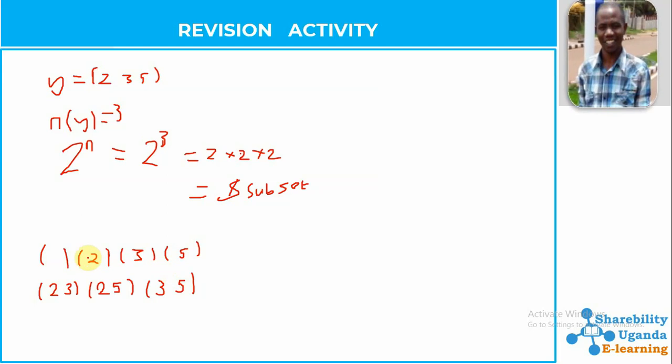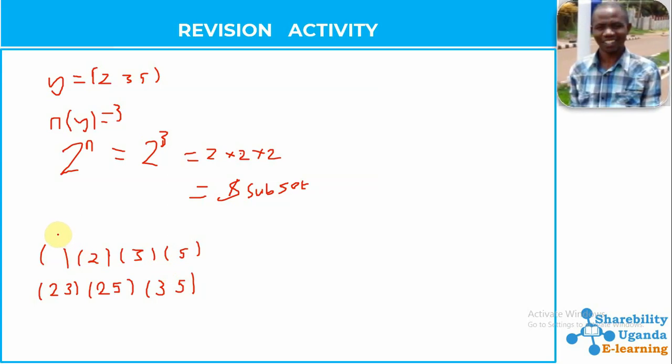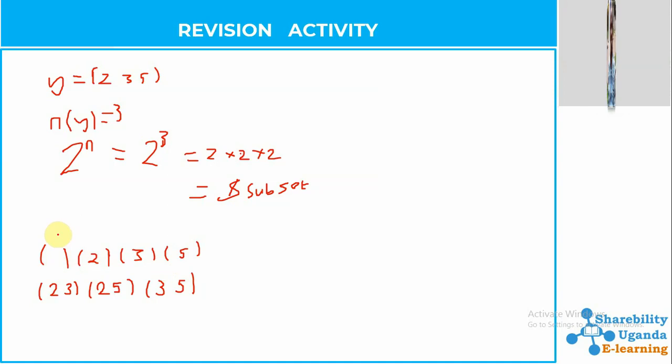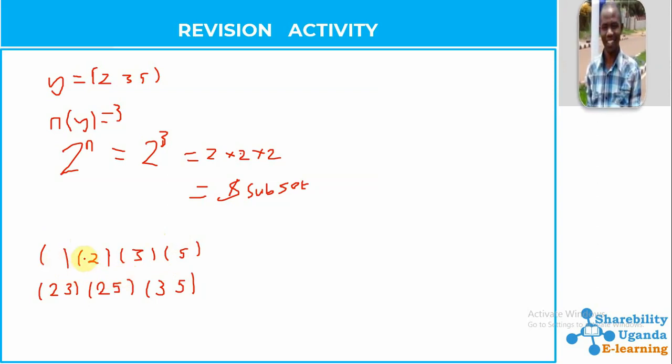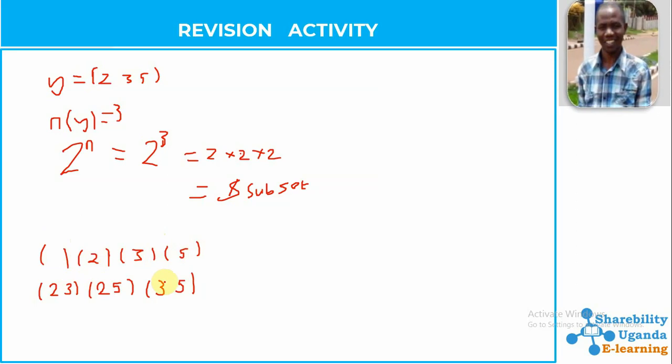Okay, so let's count them. First, we start with the empty set, which is part of the subsets that are given. This is 1, this is 2, this is 3, this is 4, this is 5, this is 6. Okay, we have 1, 2, 3, 4, 5, 6, 7.